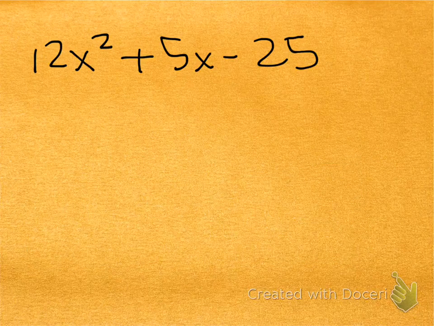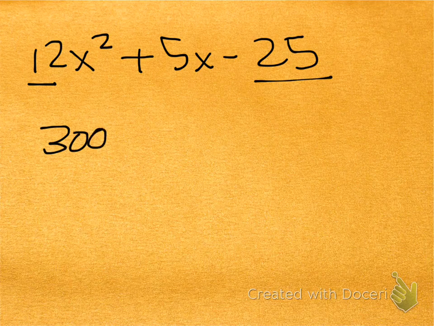Here, this doesn't follow the perfect square trinomials, but we want to see if we can have a greatest common factor first taken out, and it doesn't actually look like we can. So we're going to just follow where we have an ax squared plus bx plus c form, which would mean we need to multiply the 12 and the 25 together, which is 300.